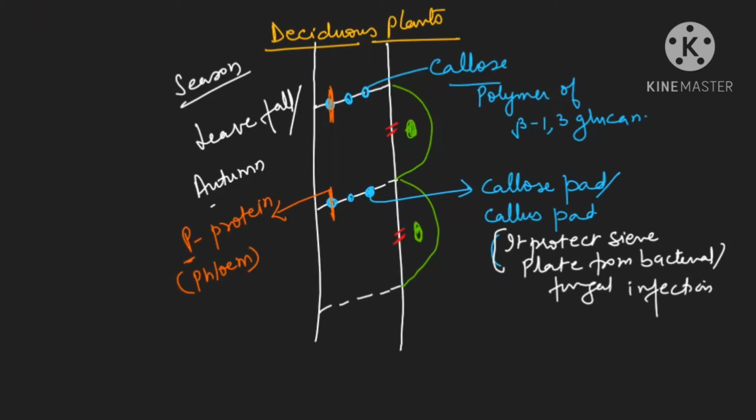And you can understand it with a simple example of a kitchen sink. In the kitchen sink, in the center there is a structure which has pores. So imagine that structure is like your sieve plate, and the pores are the sieve pores. Now suppose your mother is washing vegetables and small pieces of vegetable get stuck, then water movement will be slowed.